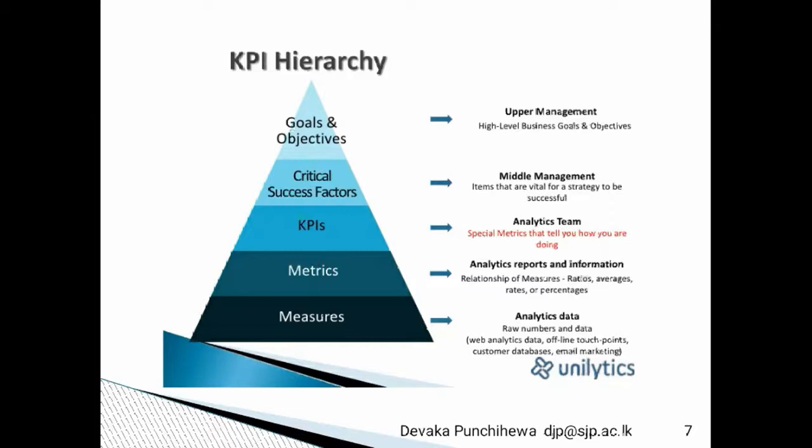Information such as offline touch points, customer databases, and email marketing can all be taken from analytics. We can analyze them and come to conclusions, so we call them measures. This is the hierarchy of KPI.